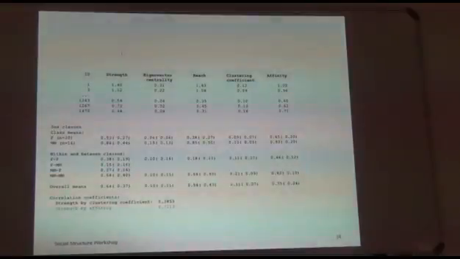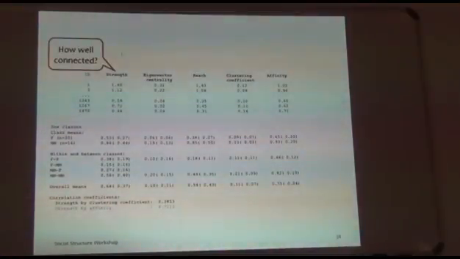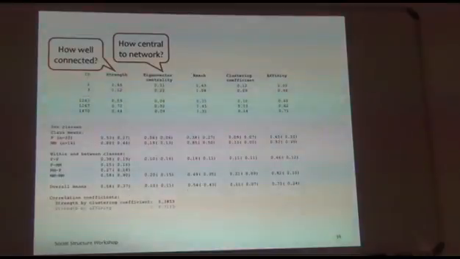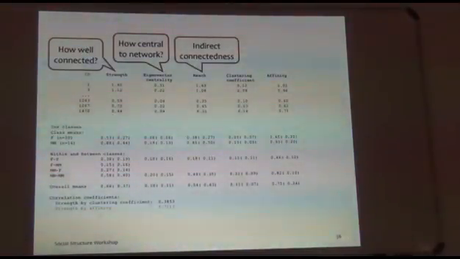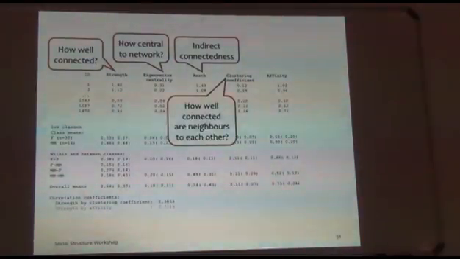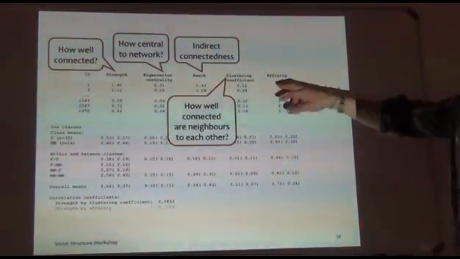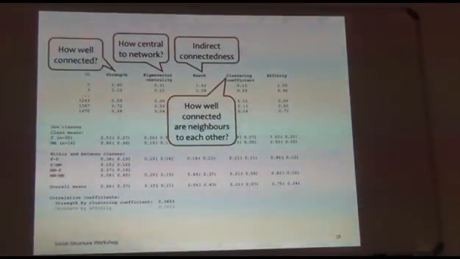So what does that mean actually? Strength will show you how well connected individuals are, so we can rank them. This is a measure of centrality. This is also a measure of centrality, but specifically how central to the network these individuals are. Higher values, more central. This is the indirect connectedness. This is how well connected the neighbors are to each other.